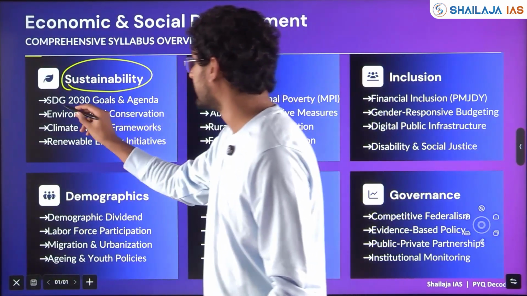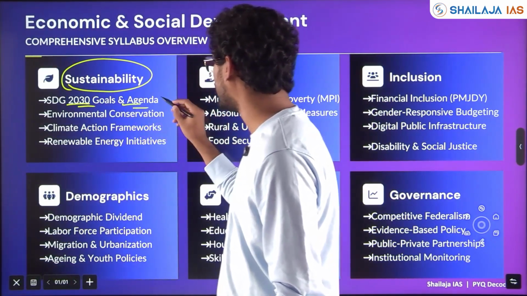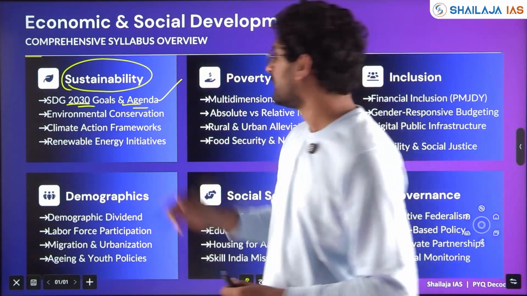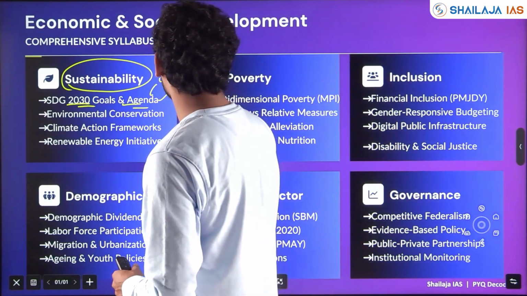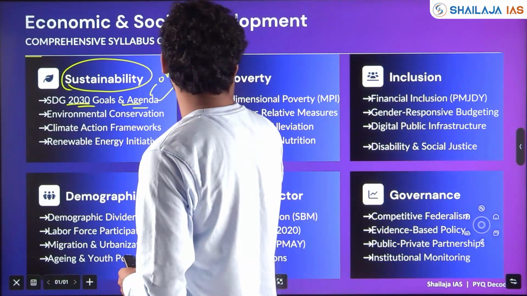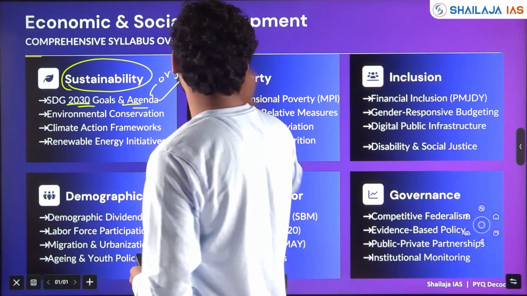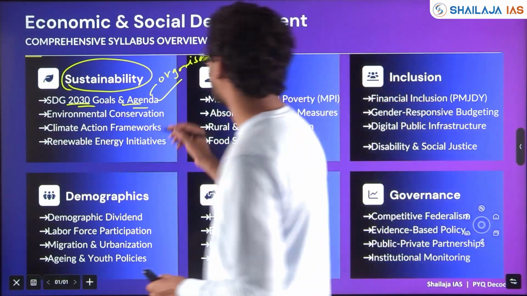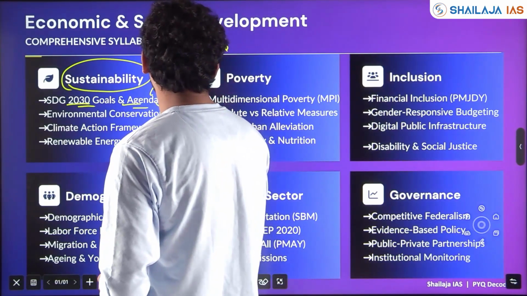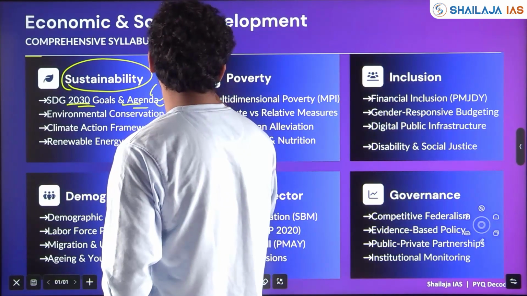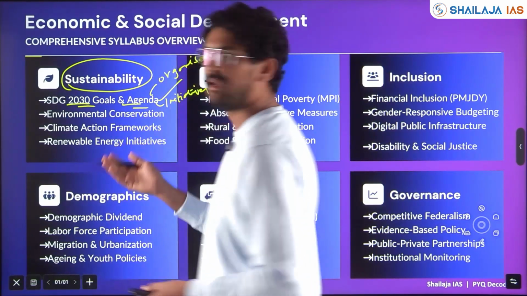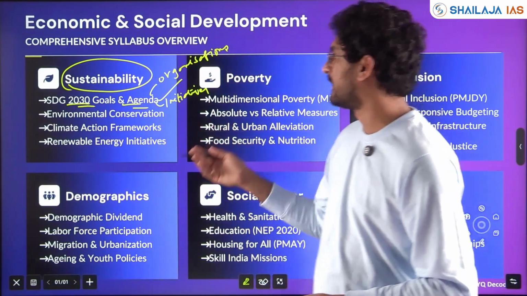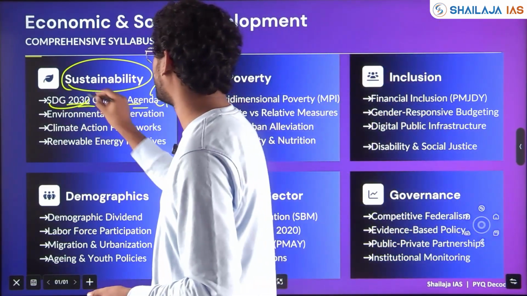So obviously the SDG 2030 goals and agenda will become very important, and the organizations linked to this will be very important. And all the initiatives by the Government of India and international ones will also be very important. For example, the International Solar Alliance, ISA, where India and France are leading.